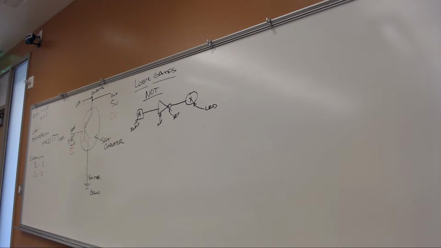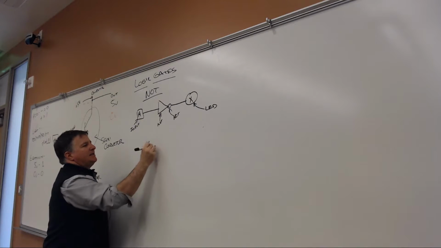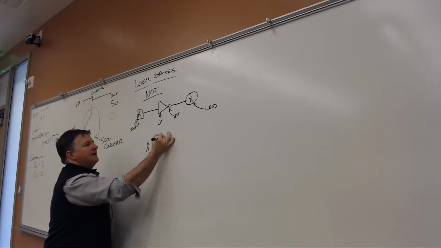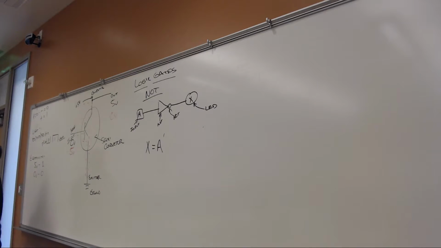So there's the diagram for a NOT gate. It has one input of A and an output of X. The Boolean for this says X equals A not. Now, if you have taken a digital electronics class, a digital logics class elsewhere, and they used a bar to represent not, that's called bar notation.